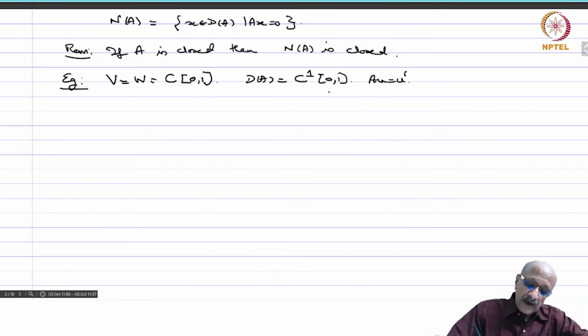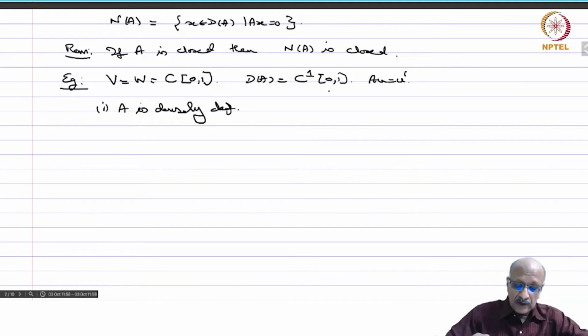So if u is in D(A), then it's a C1 function, so its derivative is continuous, and that's exactly where we are. Okay, so now first of all, A is densely defined, because C1[0,1] is dense in C[0,1]. In particular, you have the Weierstrass approximation theorem.